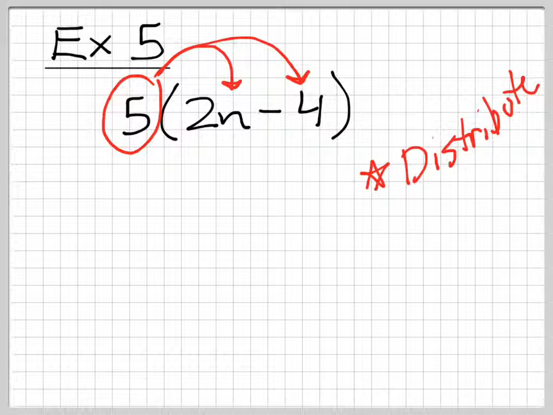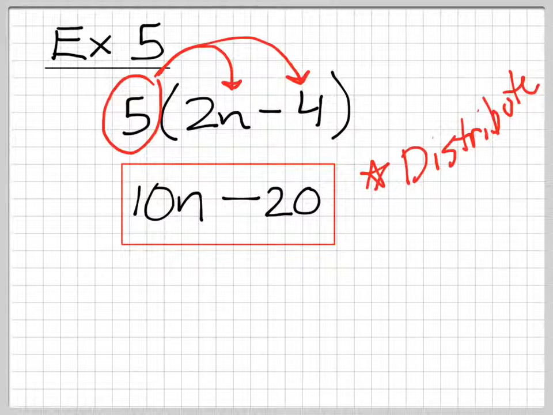Okay, when I'm distributing, I'm just multiplying twice. 5 times 2n is 10n. 5 times negative 4 is negative 20. And that's as far down and simplified as I can get. Okay, one more example. I'm going to flip to a new screen.